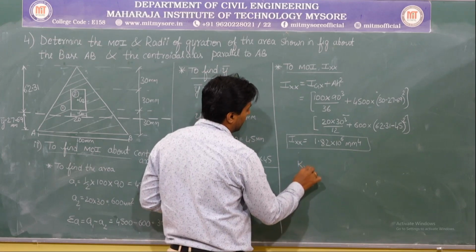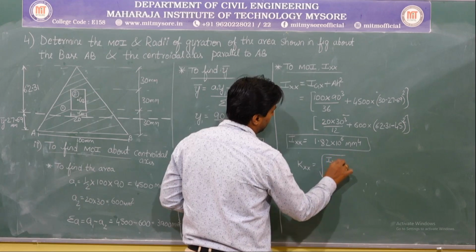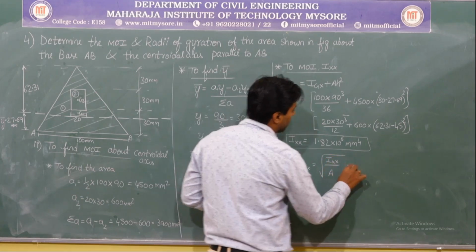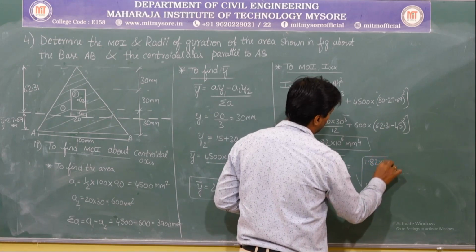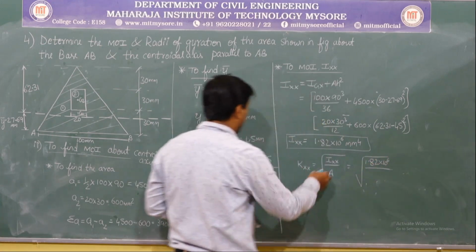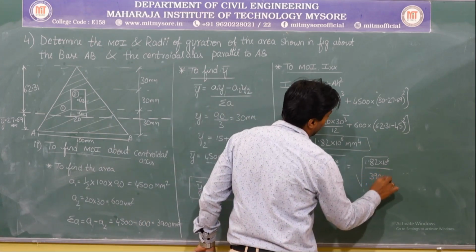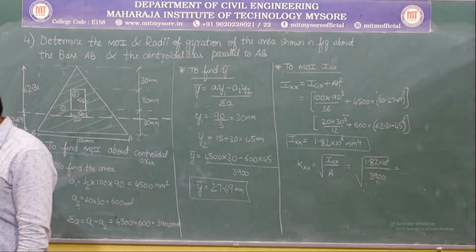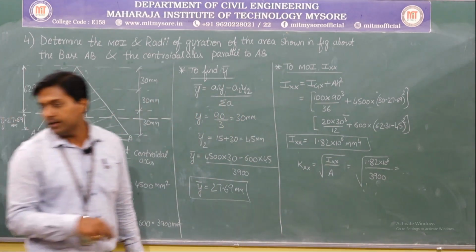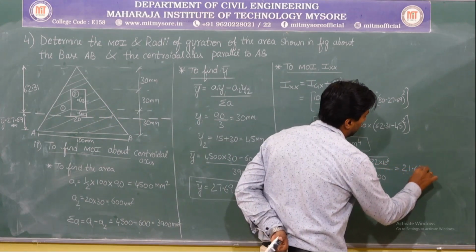That is Kxx, which is equal to Ixx by capital A. So what is the value of Ixx? It's 1.82 into 10 power 6 divided by capital A, which is 3900. After solving it, the value that you are going to get is 21.63 mm.